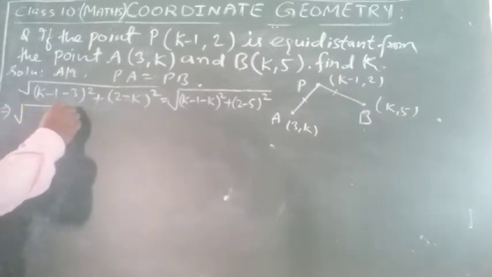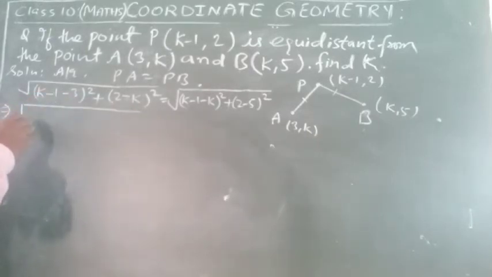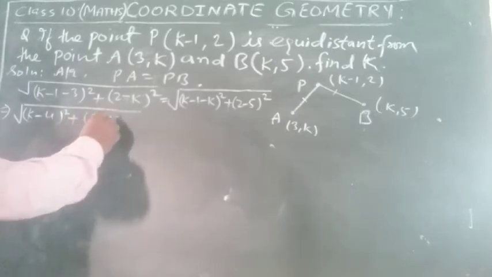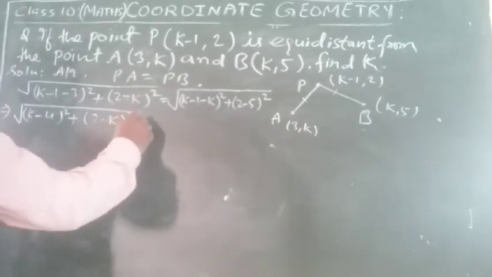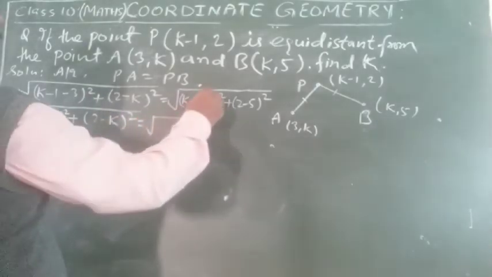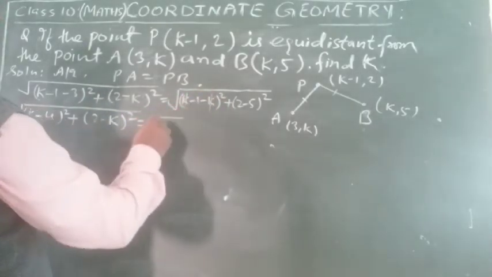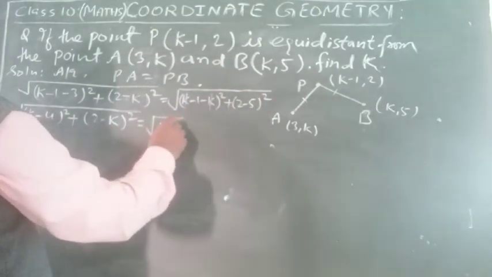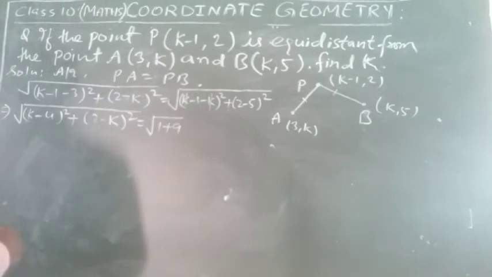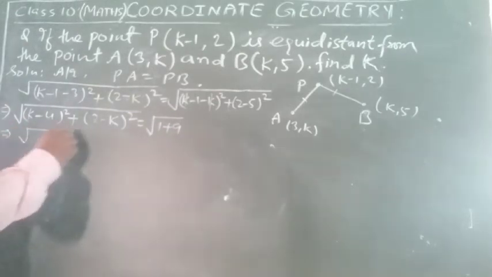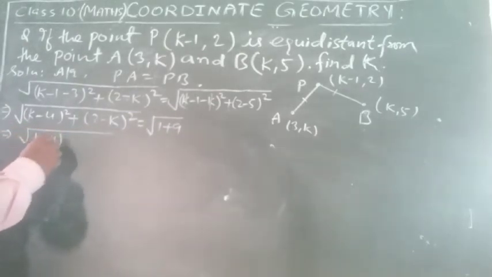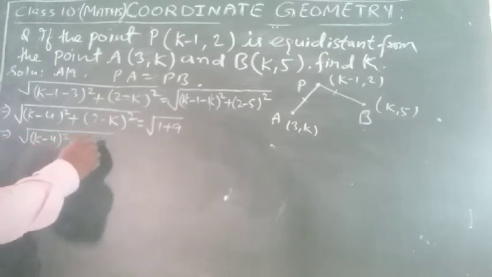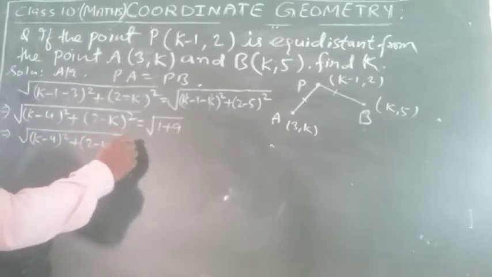Under root, (k minus 4) to the whole square, and here it is (2 minus k) to the whole square, and there it is k gone, minus 1 square 1 and minus 3 whole square 9. So it will be under root (k minus 4) whole square plus (2 minus k) whole square equal to root 10.